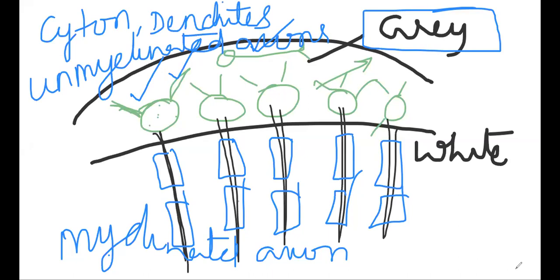Now we are giving the logical reasoning for the gray color and white color. The white matter contains only myelinated axons. Is there any possibility of cytons in the white matter? No, not at all. Because when cyton is present, it may appear gray in color, isn't it?